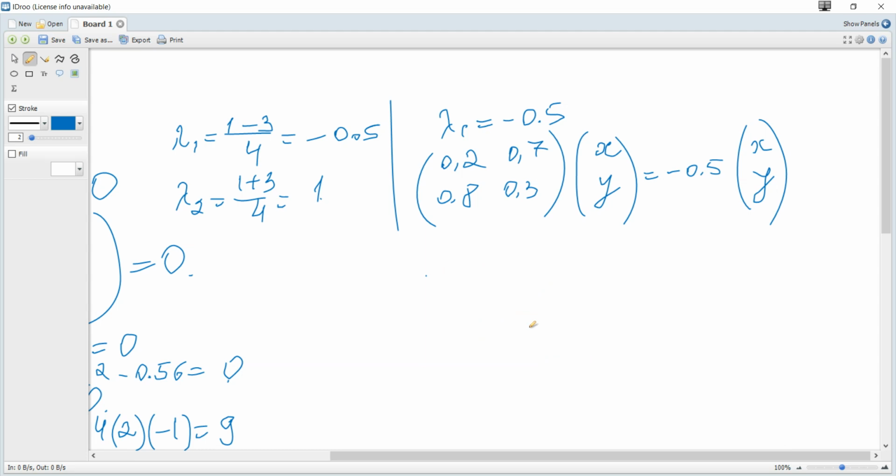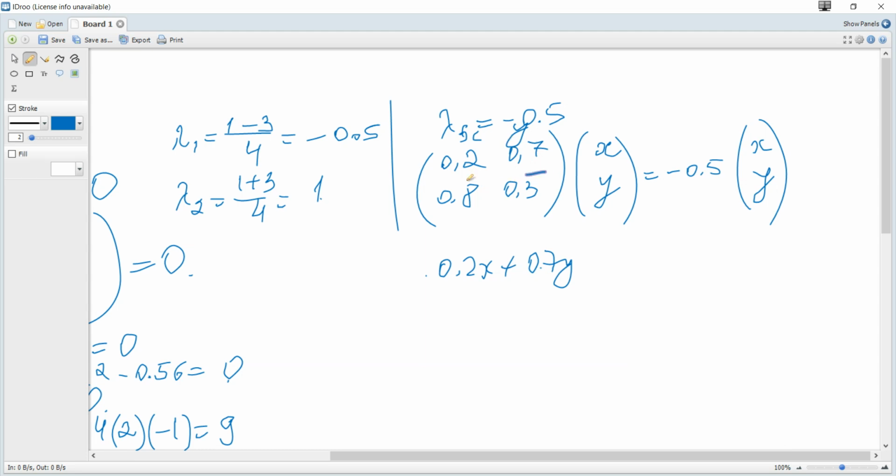And how to multiply matrices? We rewrite each column from this matrix, there is only one column, as a row here, so it becomes xy, and we multiply this by this plus this multiplied by this, so it becomes 0.2x plus 0.7y, and it becomes the first element.